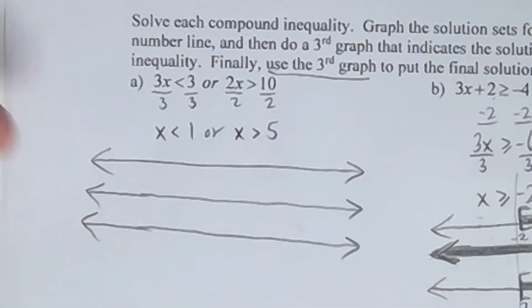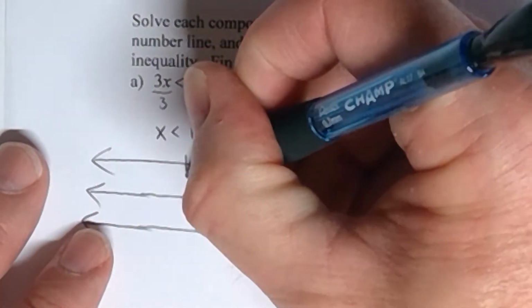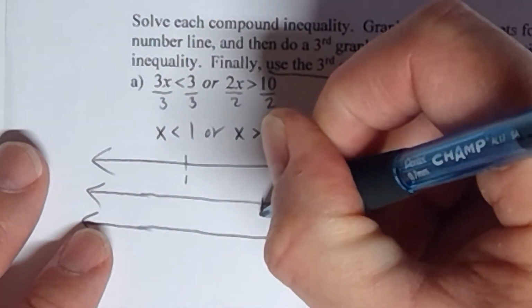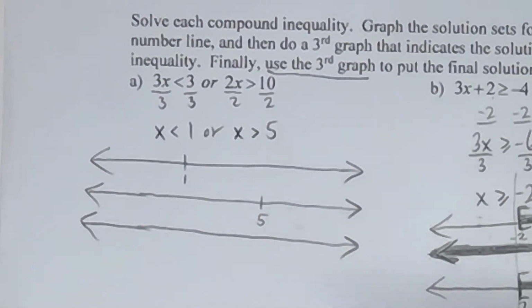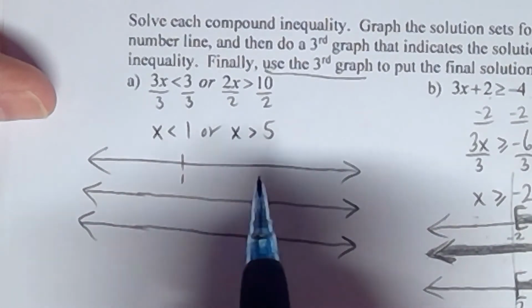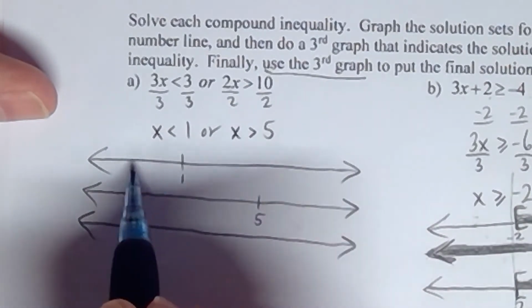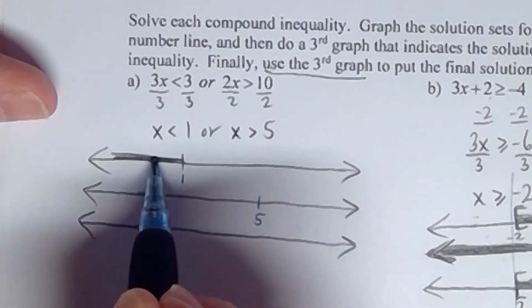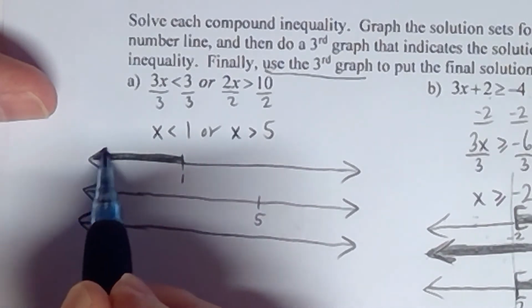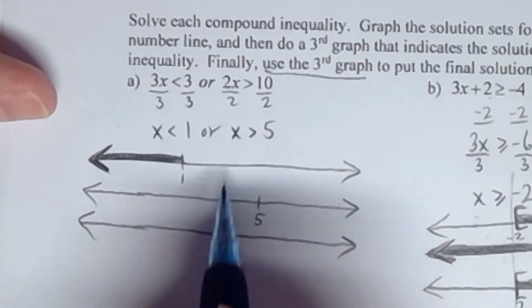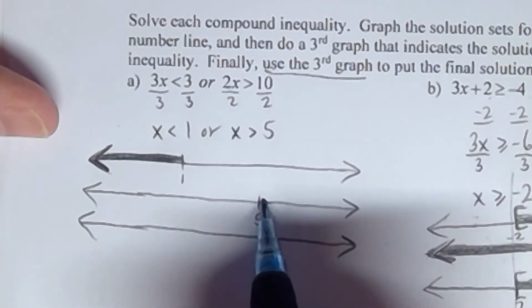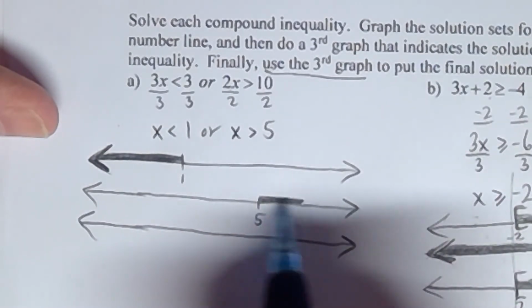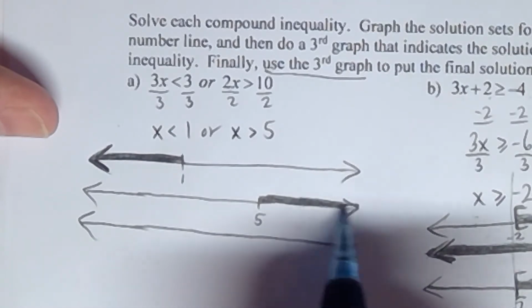The first two number lines, you're going to do it the same way you did before. Okay, you take the 1 and the 5, you bring that down like this. There you go. And then, again, you're going to do it the same way. Since the alligator's not eating the x right here, that means that the graph is going to go to the left. But then on the other one, because the alligator is eating the variable next to the 5 there, that means it's going to go to the right of 5.